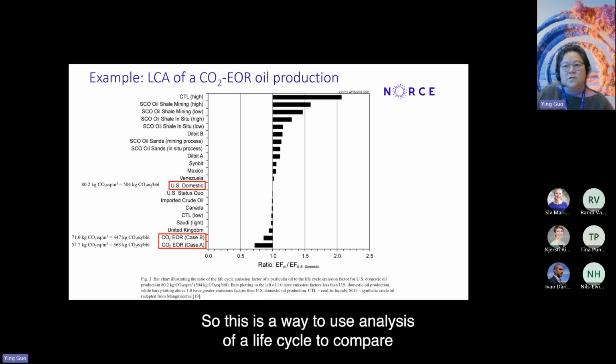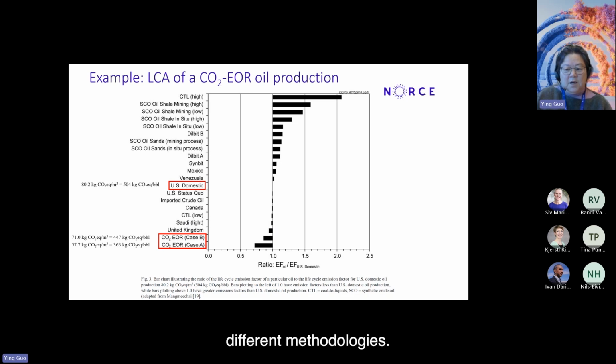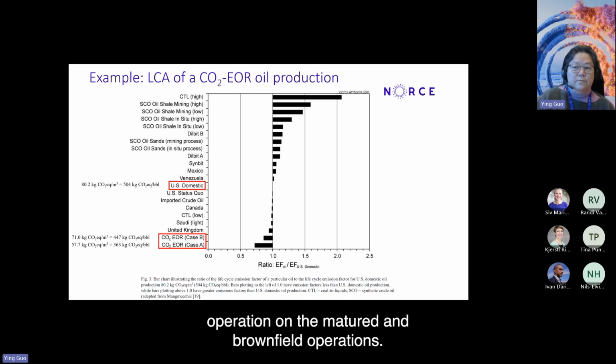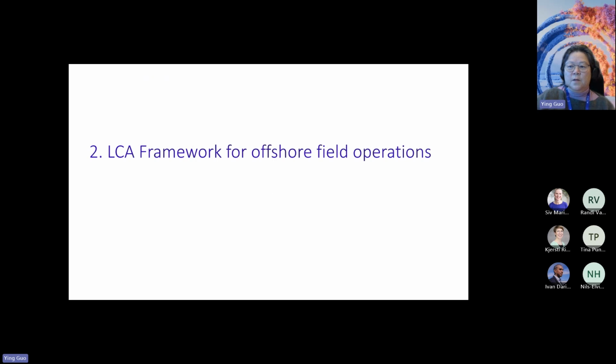So this is a way to use analysis of a life cycle to compare different methodologies. And we want to implement in our center this methodology for the operation on the matured and brownfield operations.